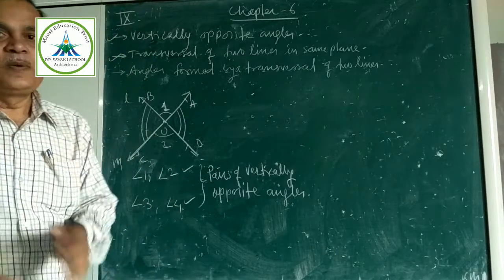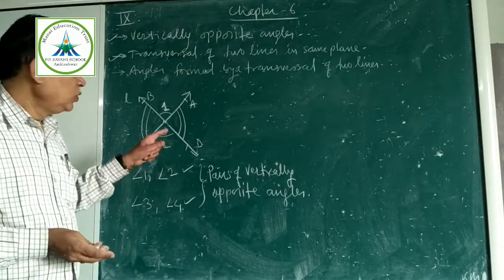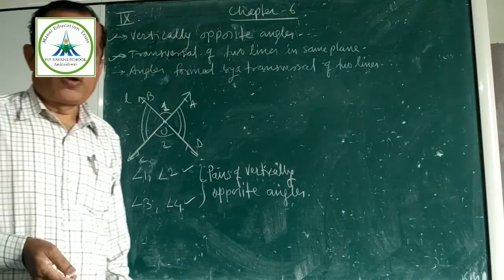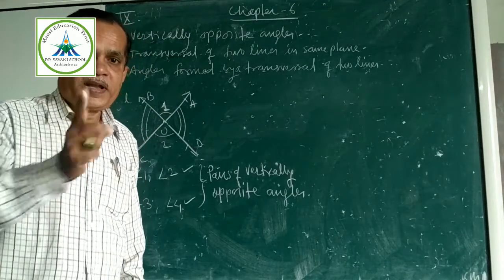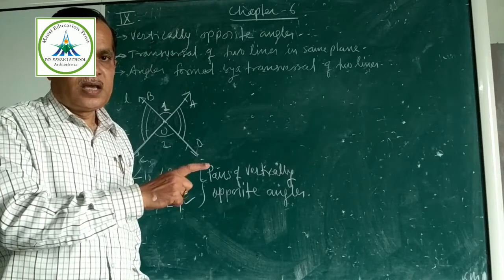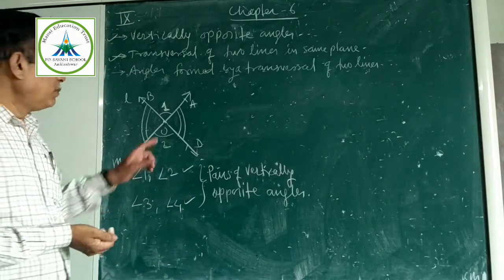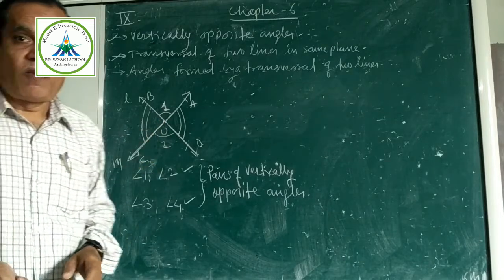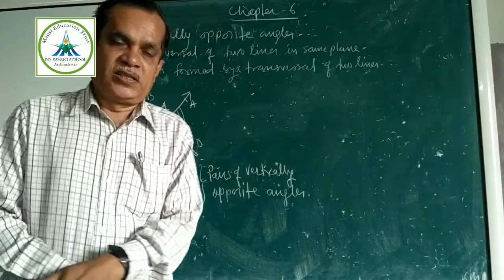Yes or no? Therefore, in words, two angles are said to form vertically opposite angles if their arms produce pairs of opposite rays.